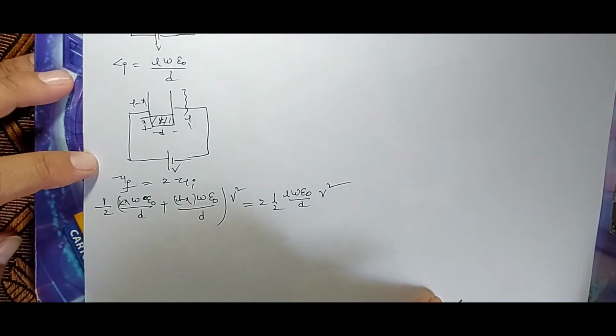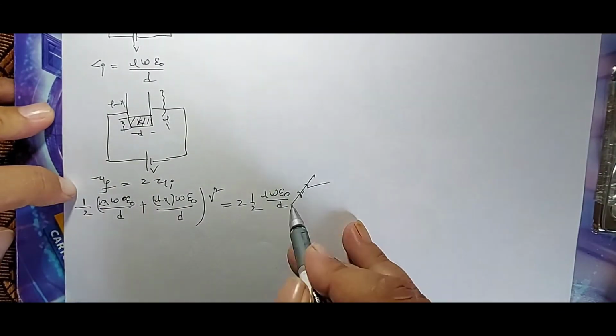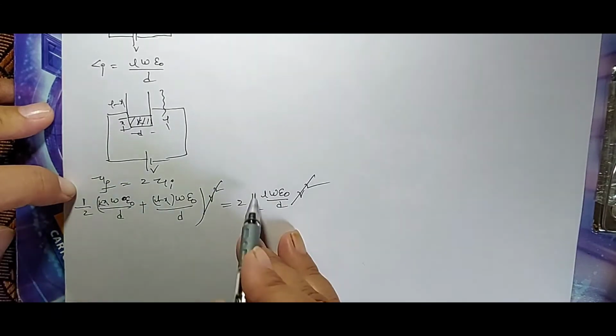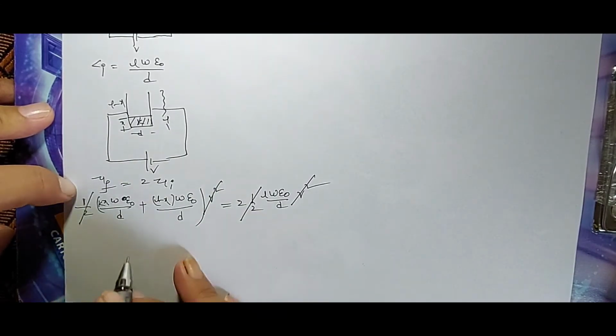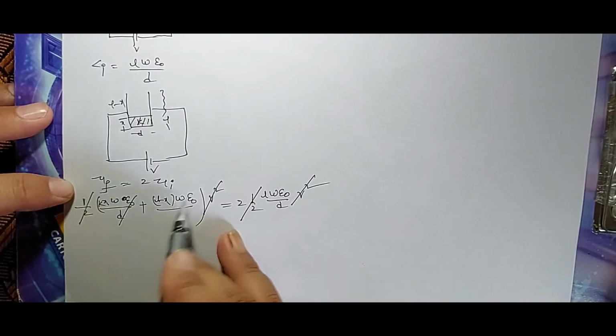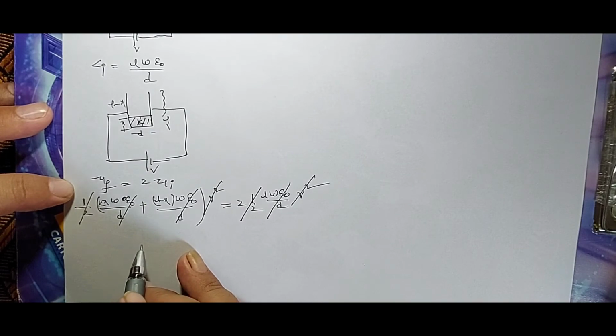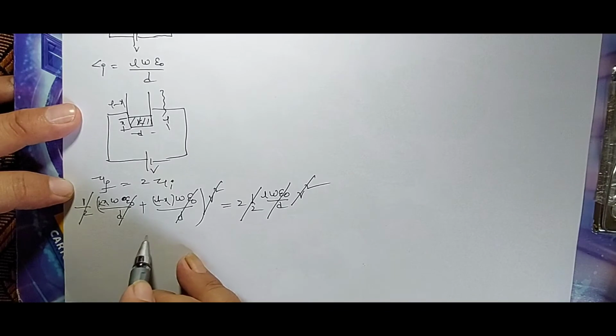Now, V square cancels and half cancels, and W epsilon naught by D cancels. So what is the value of K here? The dielectric constant K is 4. That means, here what we write here?